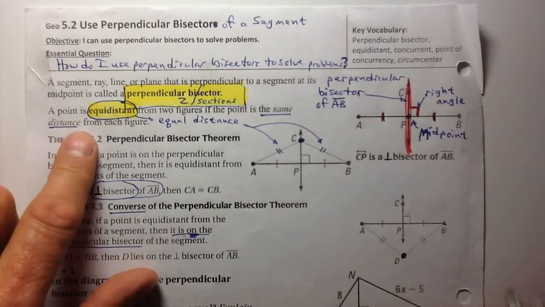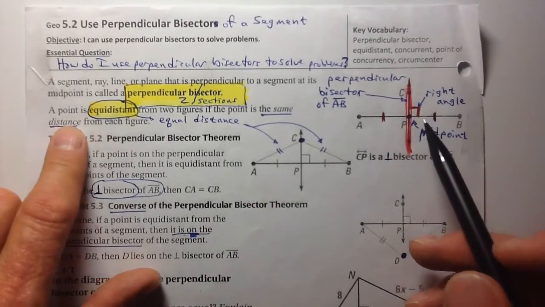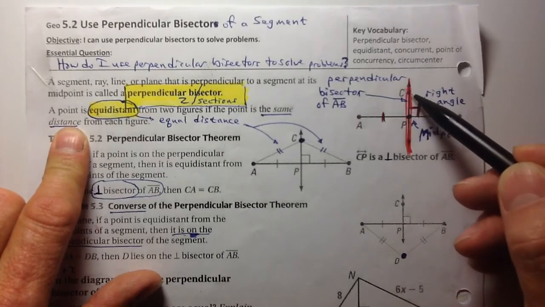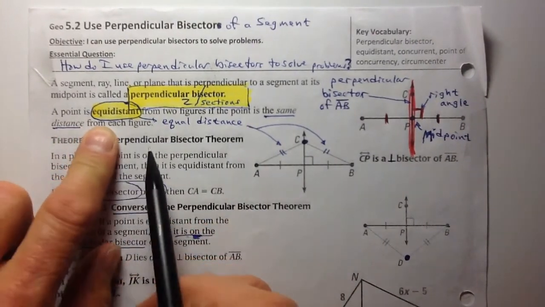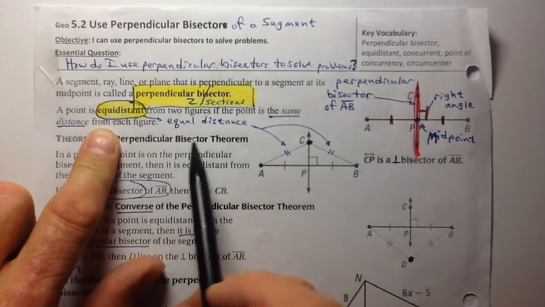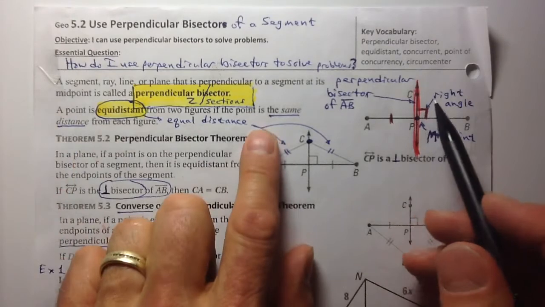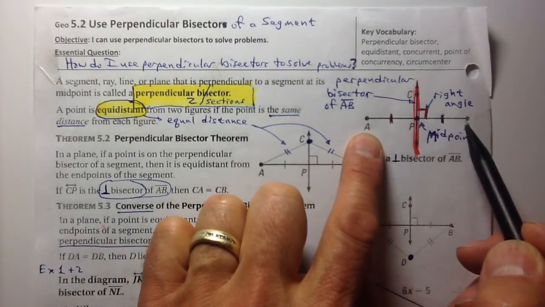Perpendicular bisector. And what's really cool about this perpendicular bisector of a segment is that every single point on this perpendicular bisector is equidistant. Equidistant? What does that mean? Well, like what it sounds. Equal distance. It is equal distance from the two endpoints of that segment.